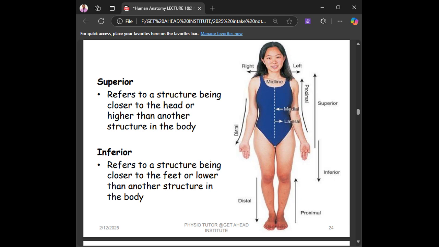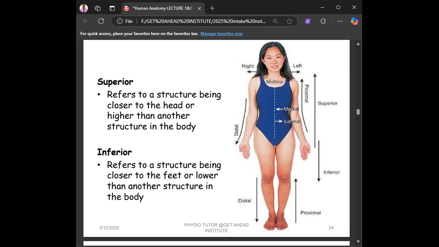Talking about superior, you can also use cranial. Superior refers to a structure being closer to the head or higher than another structure in the human body.